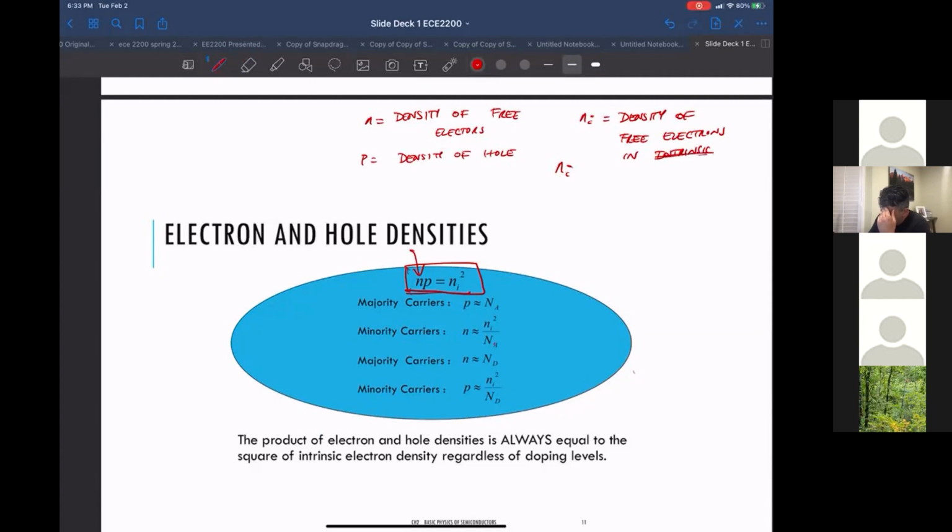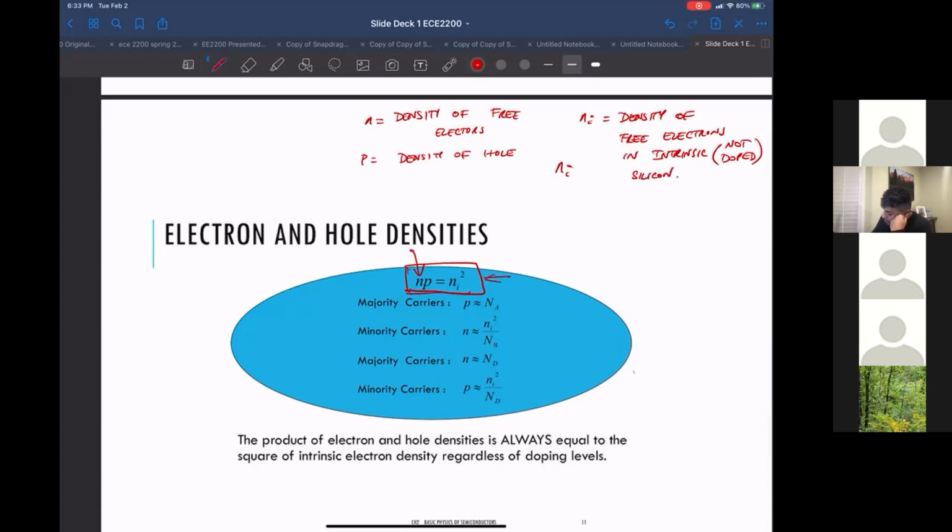It is called intrinsic, which means not doped. Okay, so this is a set equation.